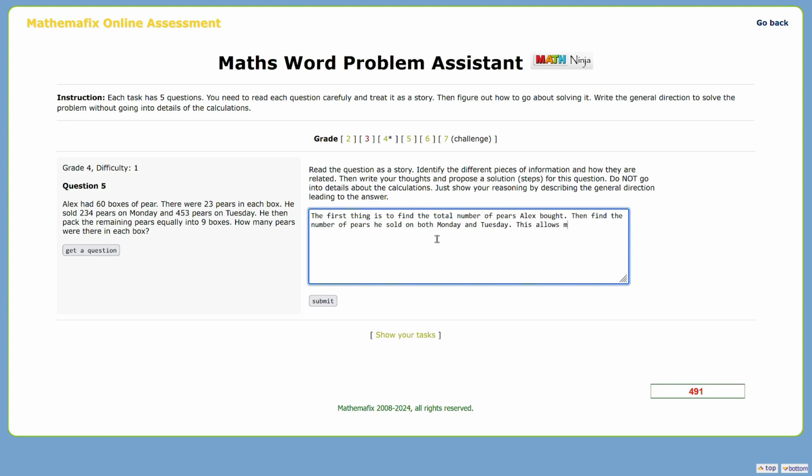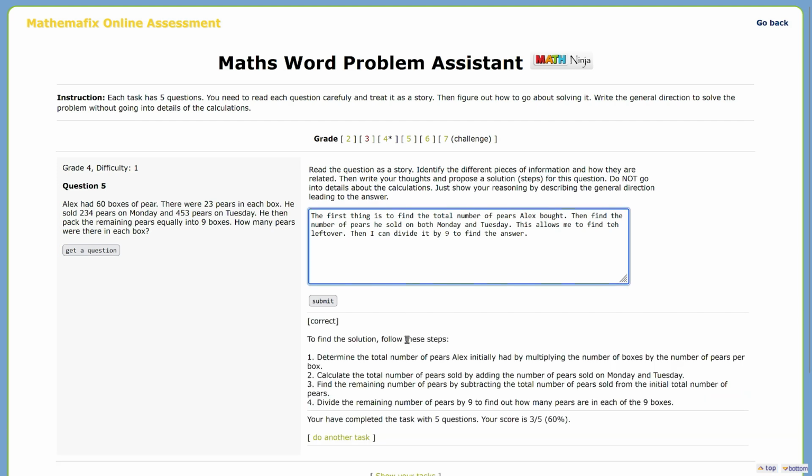This allows me to find the leftover. Then I can divide it by 9 to find the answer. Now, alright, so I think this should be correct. Now let's feed it into the AI.